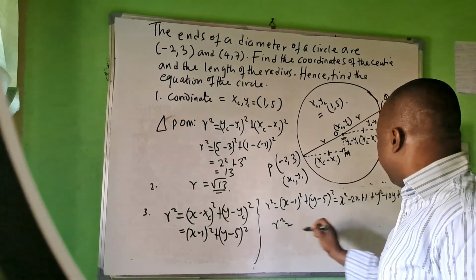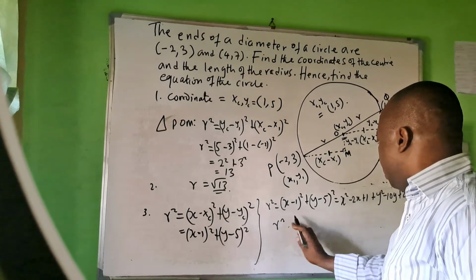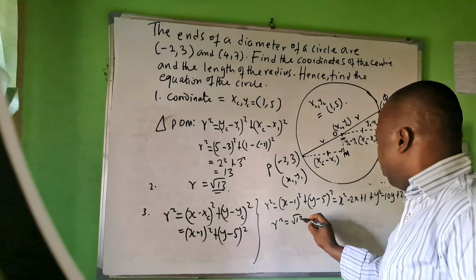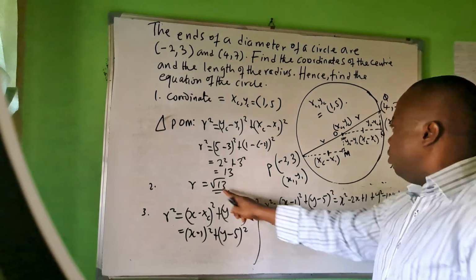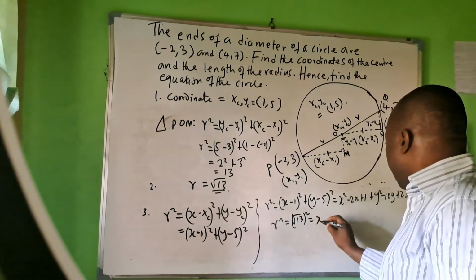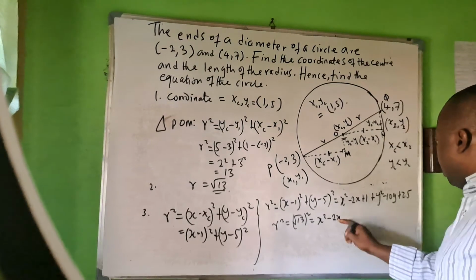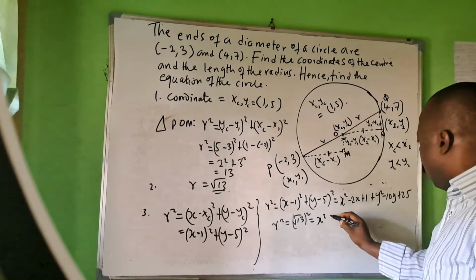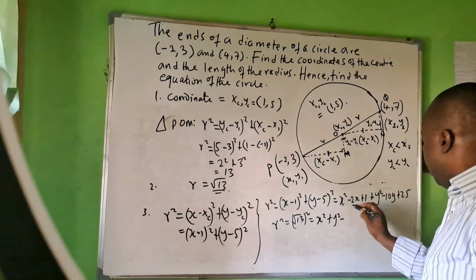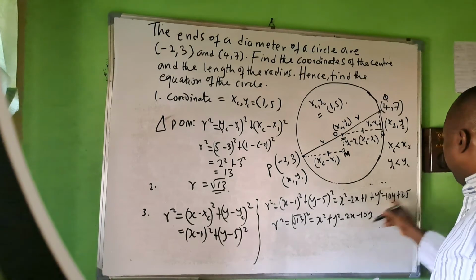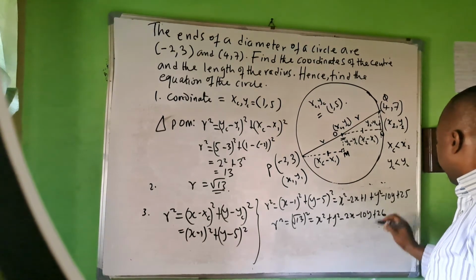So we're having R squared equals that. Of course, R squared will be square root of 13 squared, because that is the radius, equals x squared minus 2x plus y squared minus 10y, plus 1 plus 25 is 26.